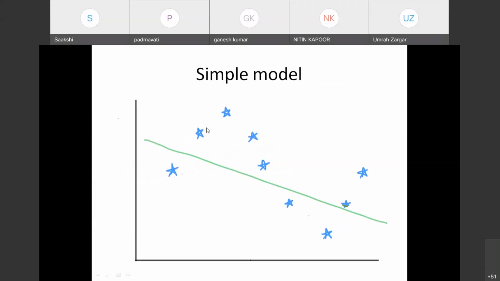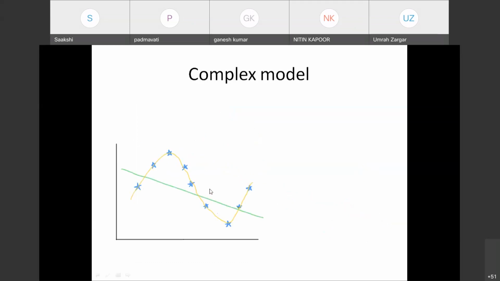For example, if I draw a few data points and run w1x plus b, my model will adjust the parameters such that it gives some predicted result for each data point. Definitely there is an error for the given data points because the model we have chosen is very simple. Hence there will exist an error.